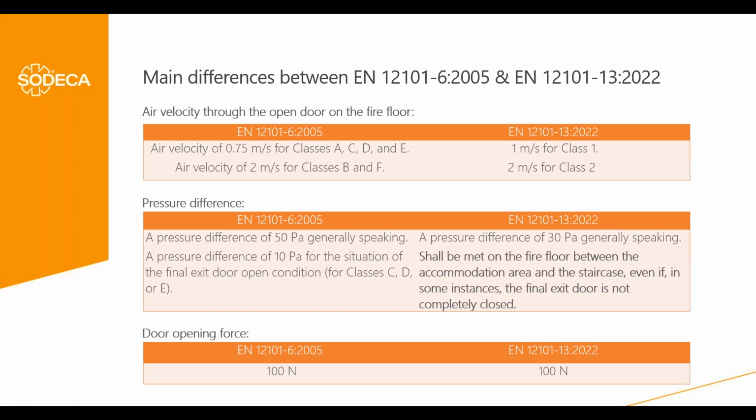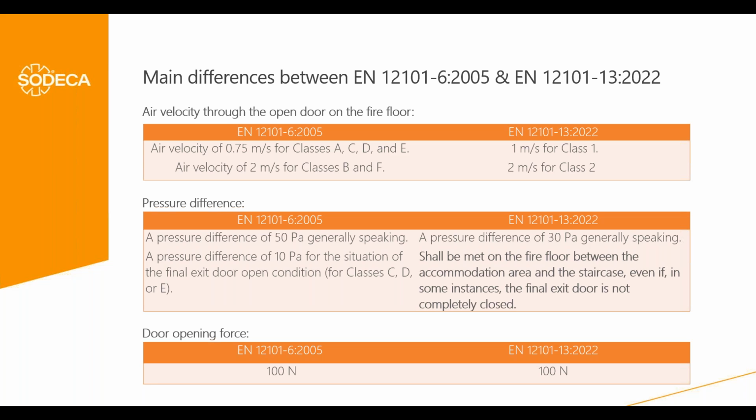About the pressure difference, I have mentioned we have reduced from 50 to 30 pascals. Some people could say, oh, this is a reduction of safety. It's not the case. We analyzed it and we saw that with 30 pascals, it's safer now to avoid the migration of the smoke.